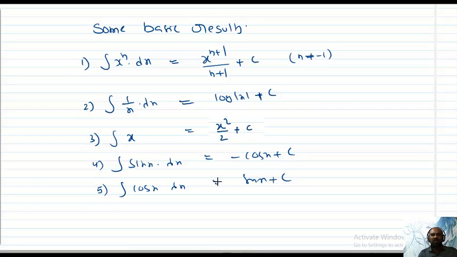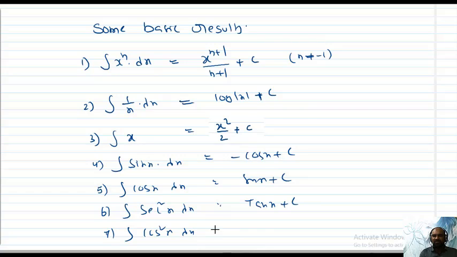Okay, students. Now I can't take that as a basic result, tan and cot. Yeah, sixth one, the integral of secant square x dx I can take. That is equal to tan x plus c only. Seventh one, the integral of cosecant square x I can take. That is just basic only.